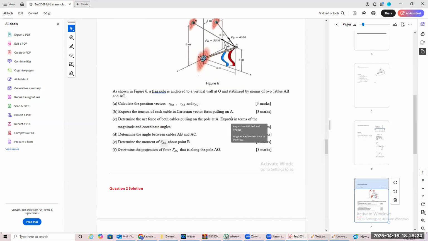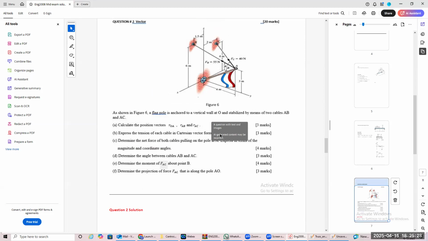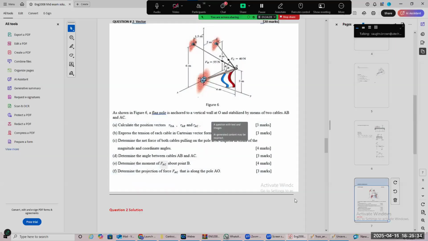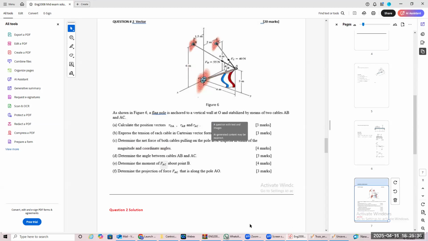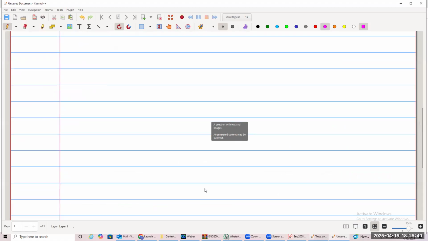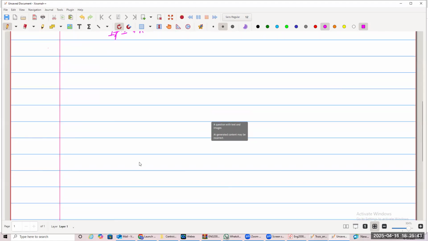I have this solution too. Let me just put it somewhere where we can look at it. Put it back on here, so you can actually have it.